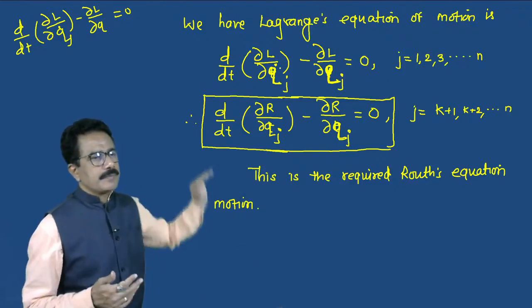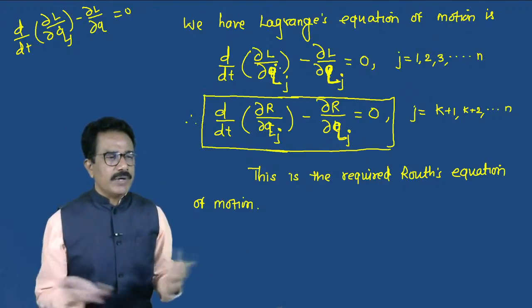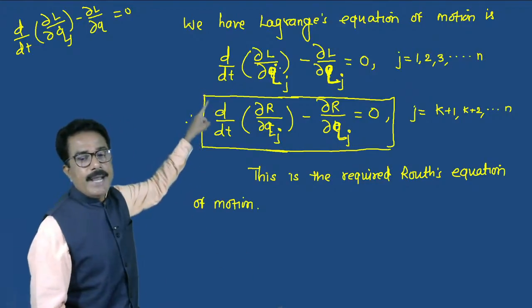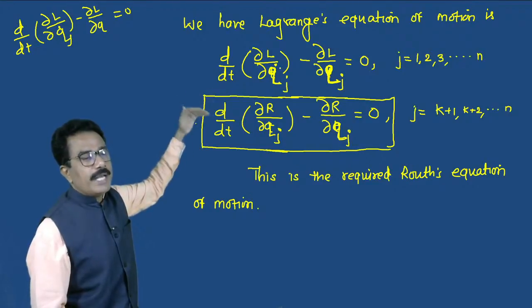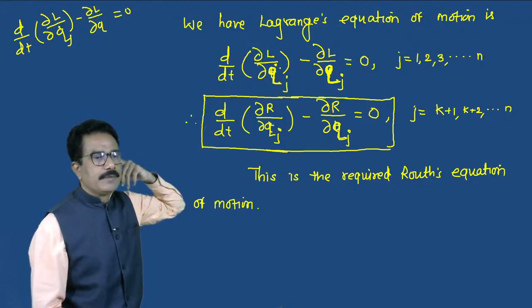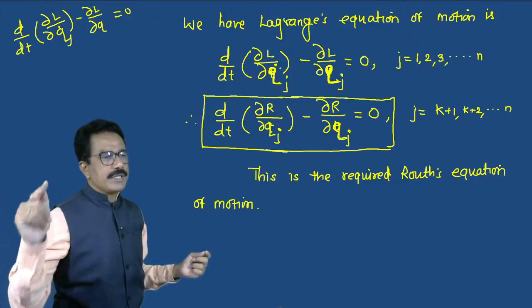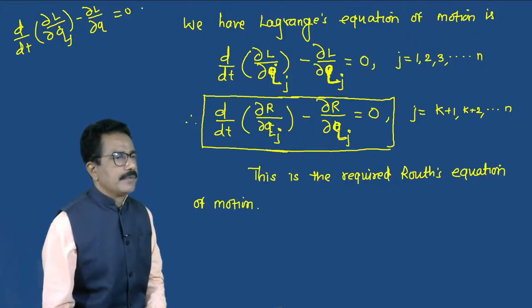So we have the Lagrange's equation of motion for the generalized coordinates: d/dt of ∂L/∂Qj dot minus ∂L/∂Qj is equal to 0 for j is equal to 1 to n.